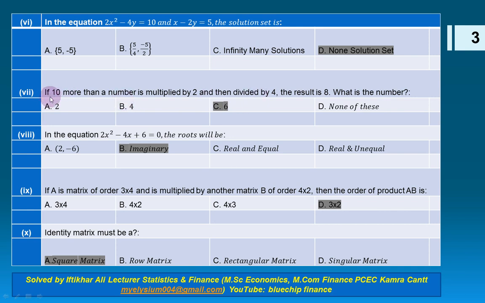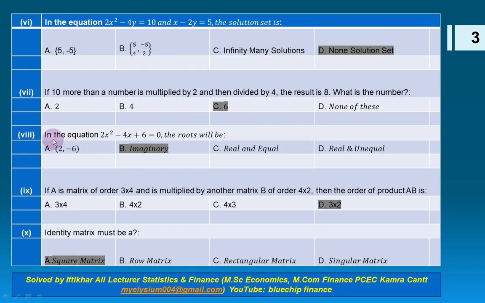For example, it says that if 10 more than a number, so the missing number is x. 10 more than a number means x plus 10 is multiplied by 2, so 2 multiplied by x plus 10 and then divided by 4. Whole equation divided by 4 equals 8. Just solve it manually on the rough sheet and you will find that correct option is 6.